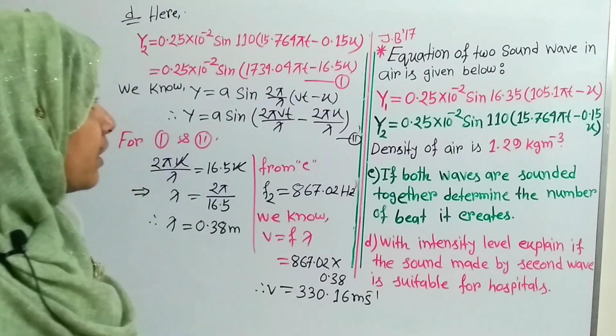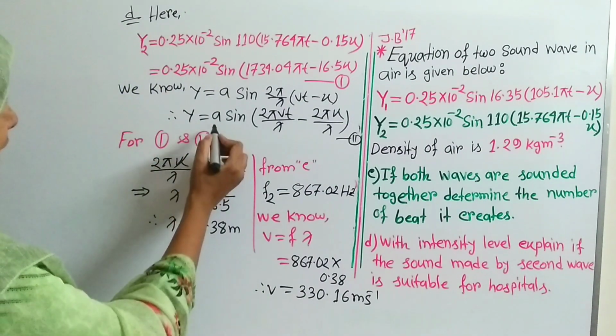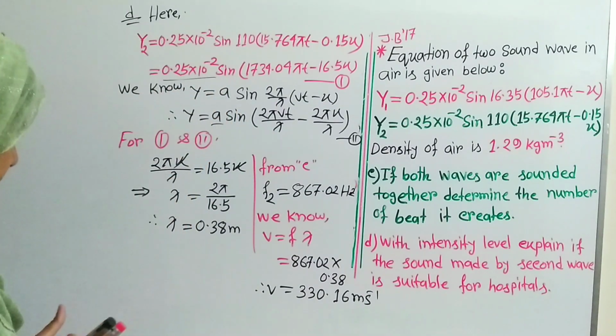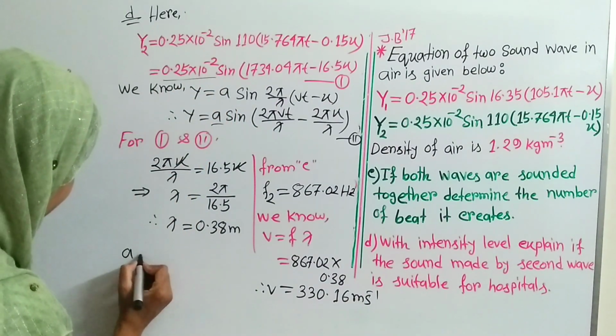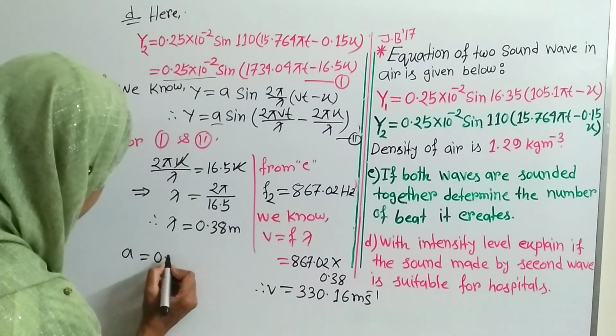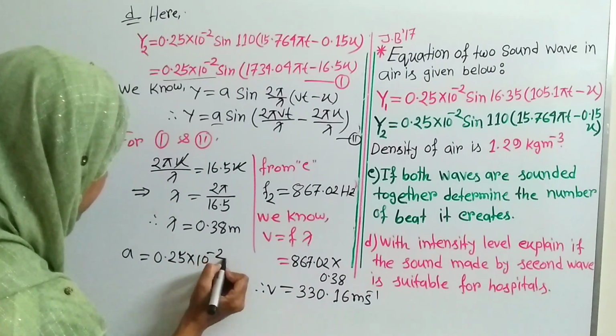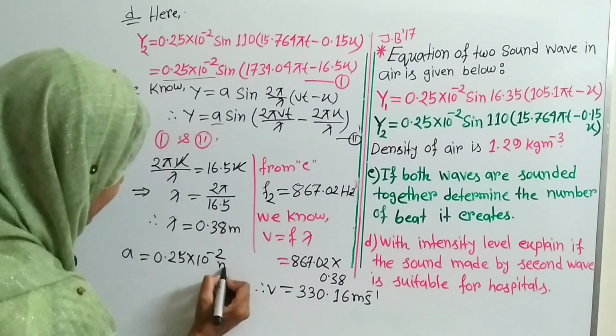Dear students, you know that here A means amplitude, and the value of amplitude is A is 0.25 into 10 inverse 2 meter.